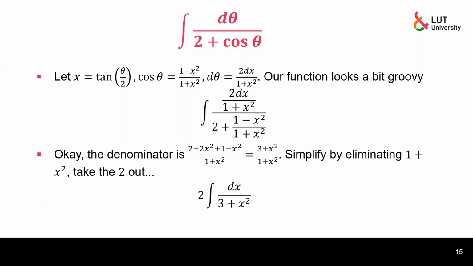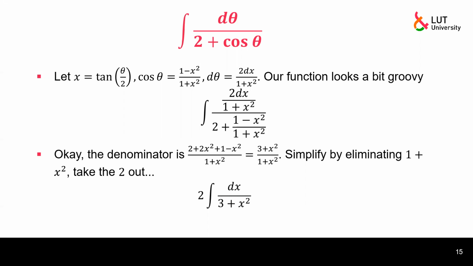Now, at first glance, the function looks horrible. We've got quotients of quotients. But if you look at the denominator, it does simplify quite nicely to 3 plus x squared over 1 plus x squared. Now we can eliminate the 1 plus x squared and take the 2 on from before, and we get just twice the integral of dx over 3 plus x squared.